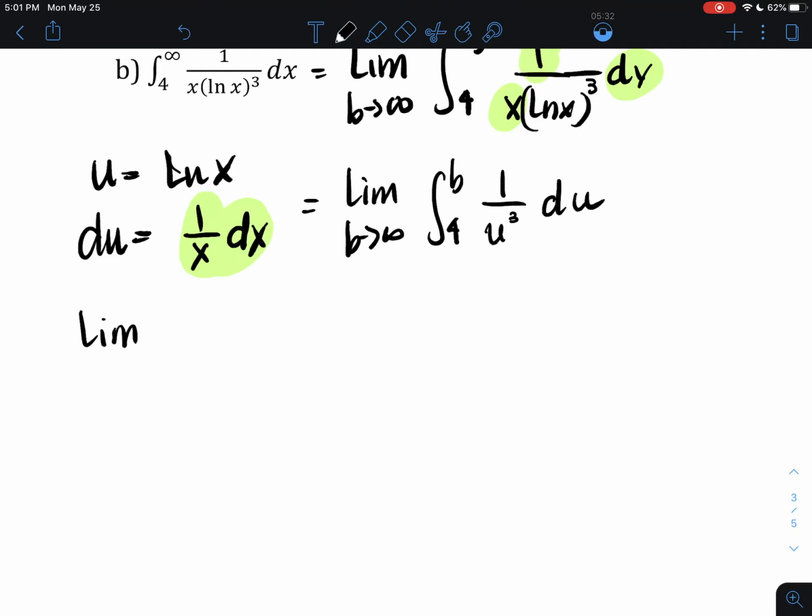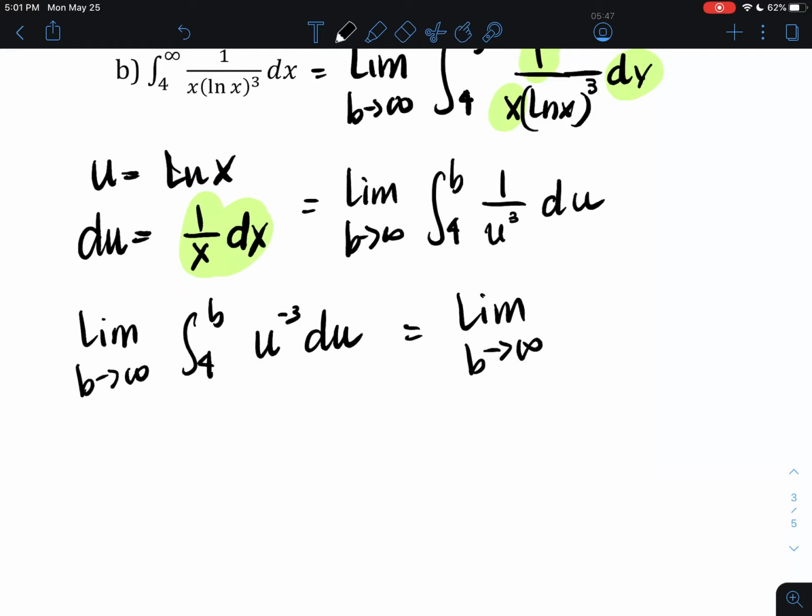Let me rewrite it: limit as b approaches infinity of the integral from 4 to b of u to the negative 3 du. Once I take the integral, this becomes negative 1/2 u to the negative 2, evaluated from 4 to b.